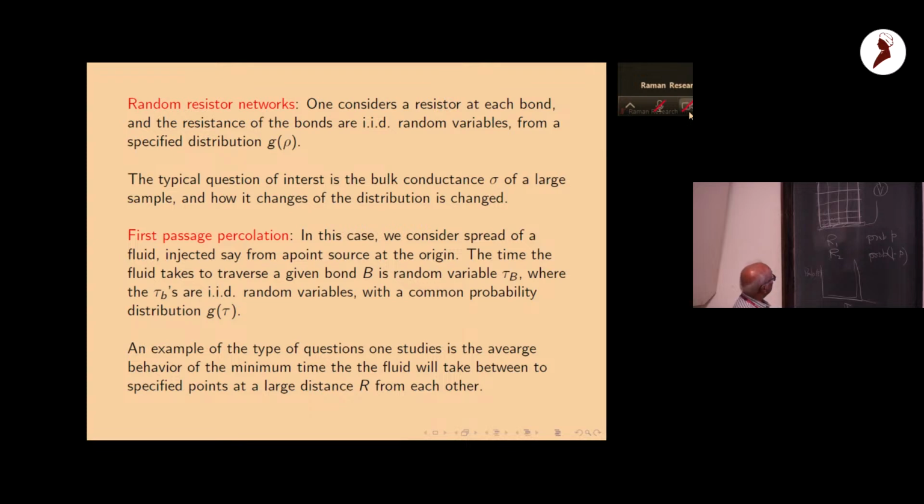Okay? So what I called random resistor networks was a sort of variation of the first problem. We had spheres which were conducting or insulating. I think the difference is that one is a lattice model and one is a continuum model. So we will keep on flipping between lattice models and continuum models.